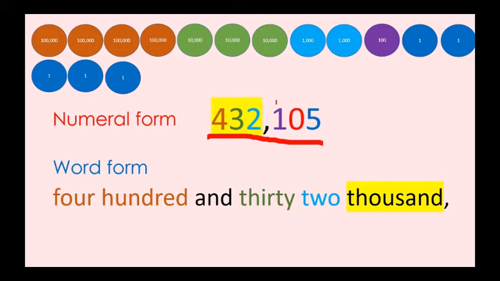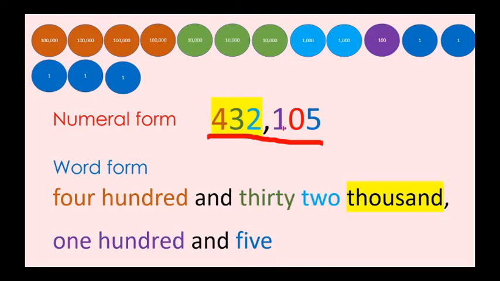Okay, well, that's 100. And, because there's something before the tens and the ones, we have to have an and. 100 and, and we don't have to say 0 tens, so we just skip it. 105. So 432,105.